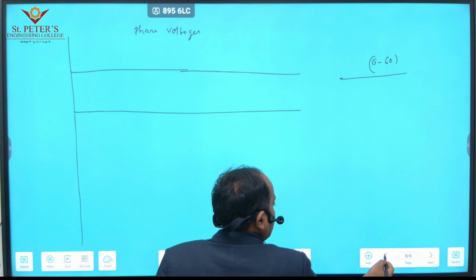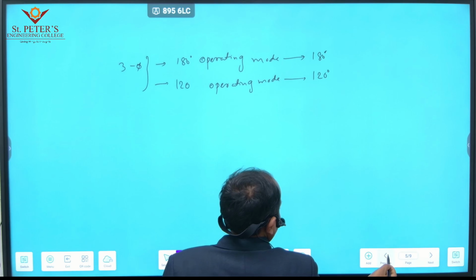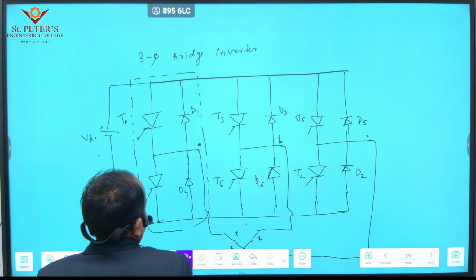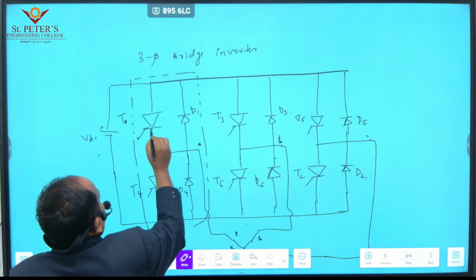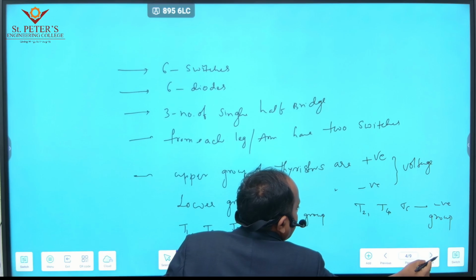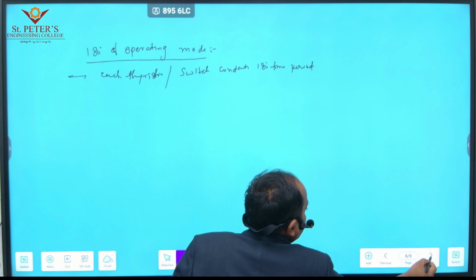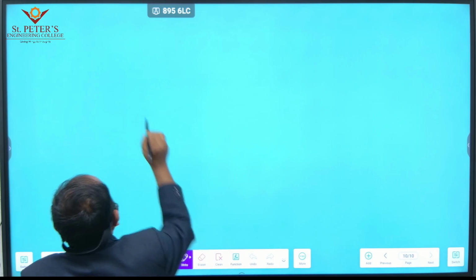Observe from the diagram of the bridge inverter. From 0 to 60, which are connected? T1 is conducting, yes or no? Then T1 is conducting. Again, redraw the diagram.